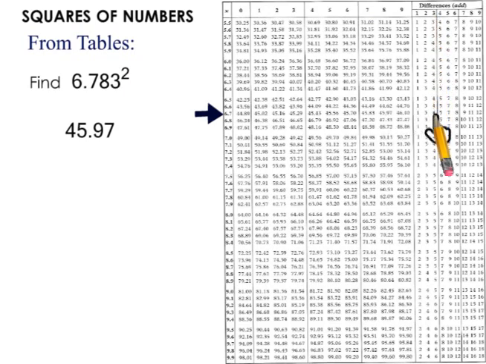We read the number. It's 4. So we add 4 to our previous reading. So we shall have 45.97 plus 4, and that gives us 46.01. And so 6.783 squared is equal to 46.01. Notice that 4 is added as 0.04 and not as a whole number.